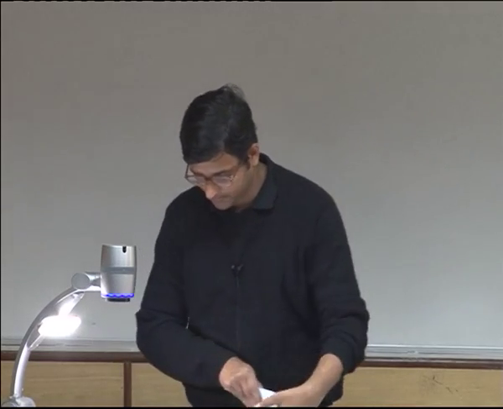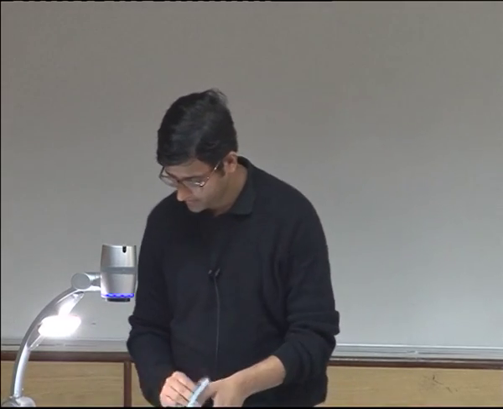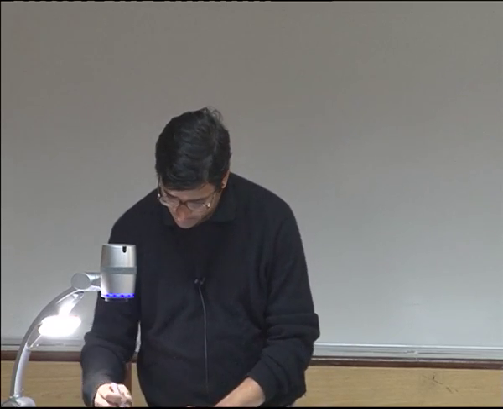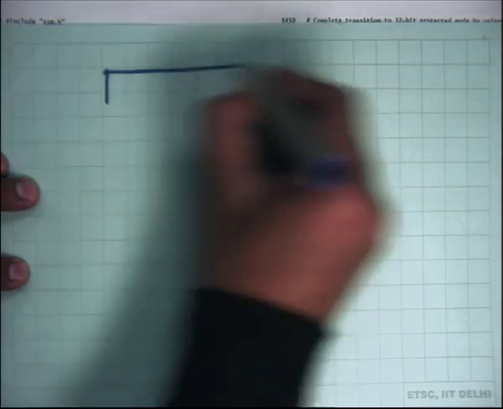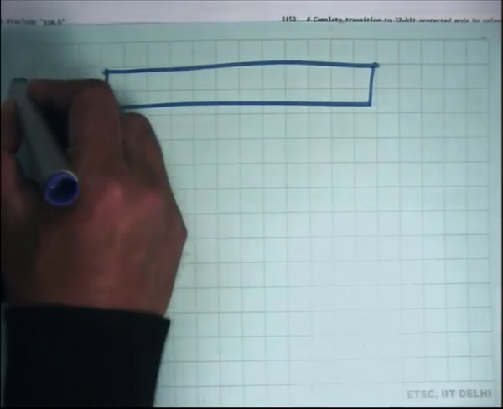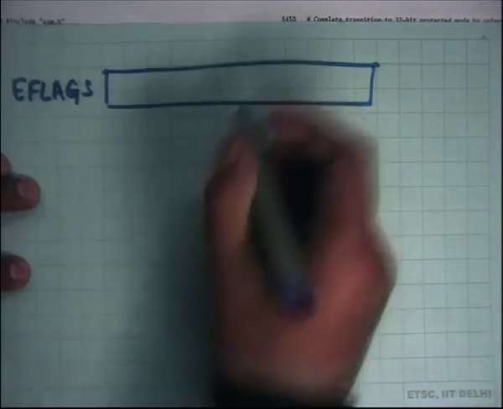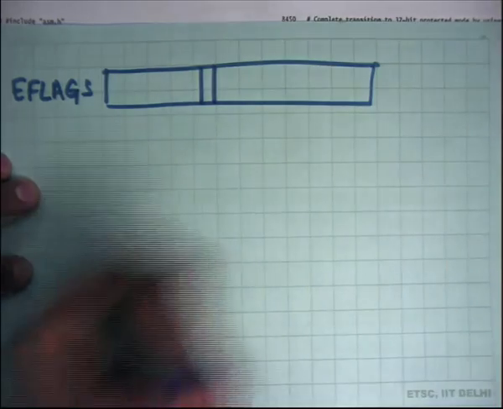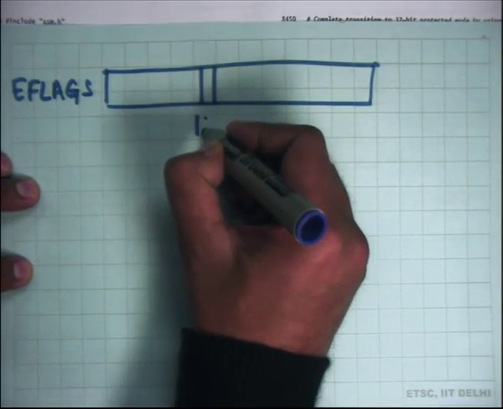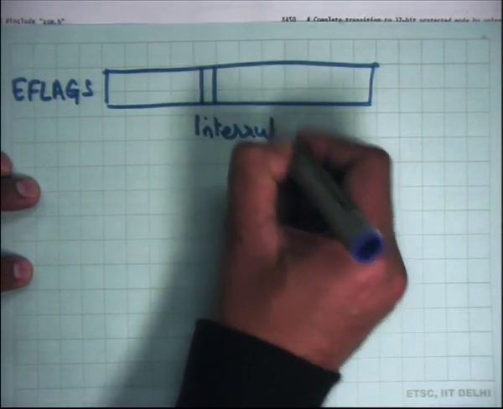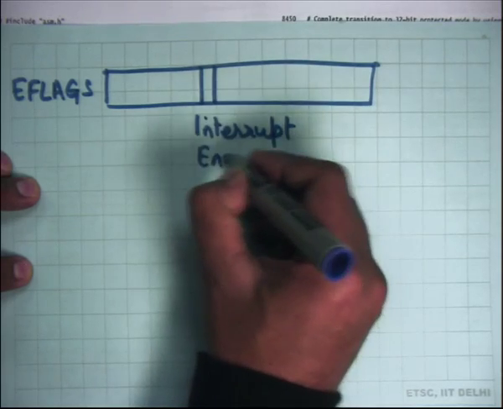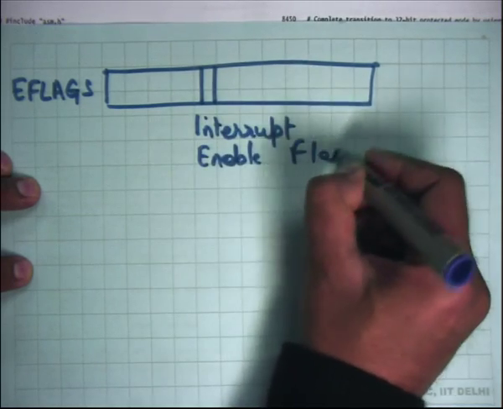Okay, so first, recall that the x86 has a register called eFlags. One of the bits in the eFlags is what's called the interrupt flag, or interrupt enable flag, or IF.